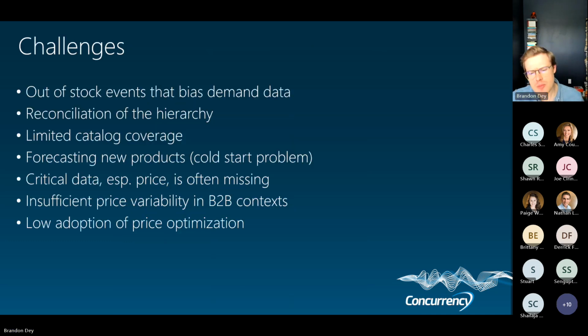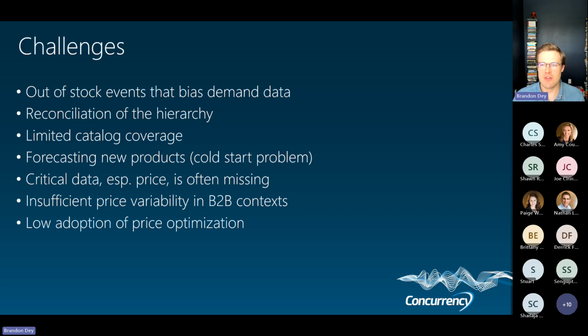I'm going to talk a little bit about the challenges, right? It's not all high fives and unicorns as you sort of sail off into the sunset. There are some things that need to be addressed because they're challenging. So first of all, out of stock events, bias demand data. What do I mean by that?